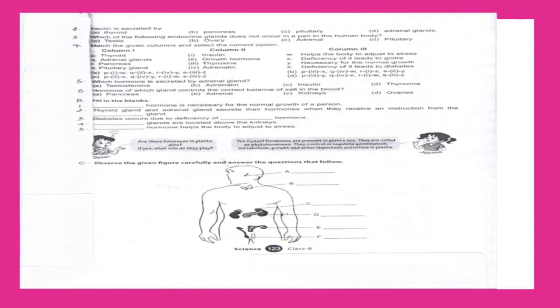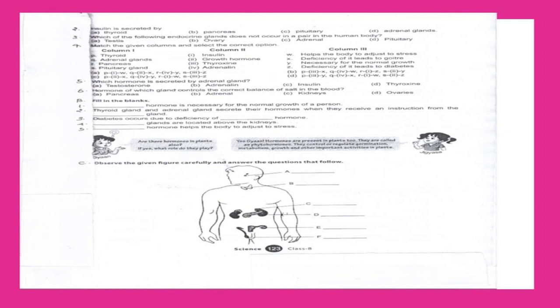Next, insulin is secreted by pancreas. Then pituitary. Then fourth, match the following, watch patiently. Thyroid, for P, thyroxine, deficiency leads to goiter. Mark it. P is thyroxine, third is deficiency leads to goiter.